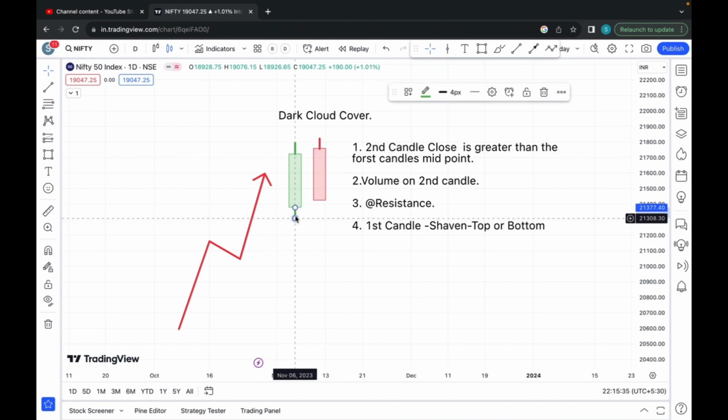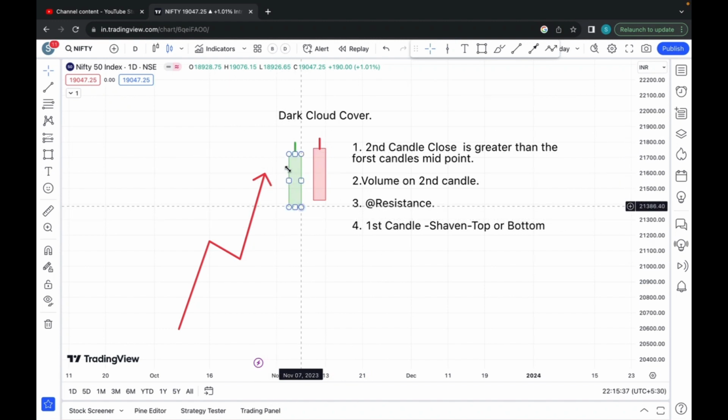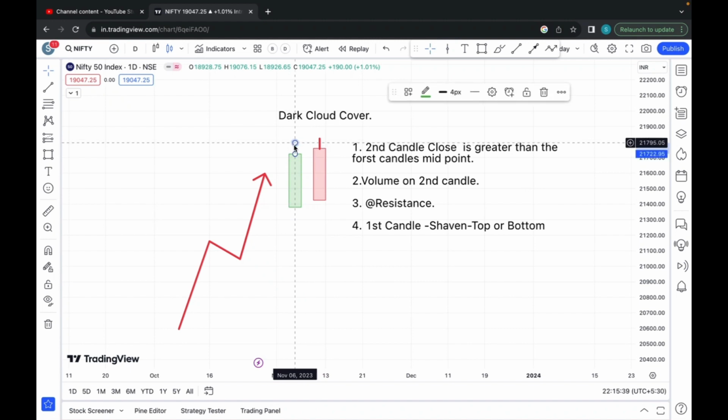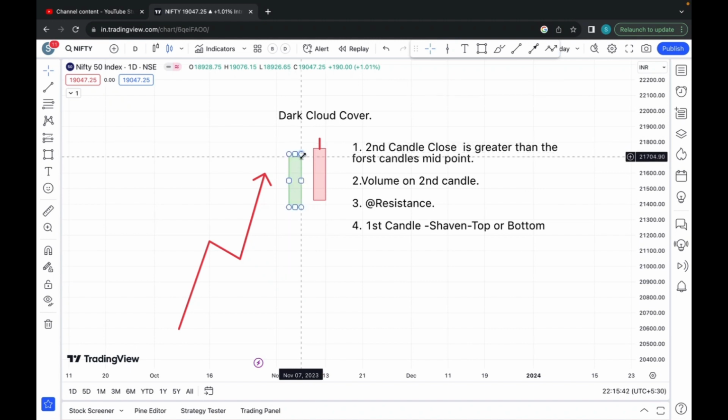But if you don't have any wick at the bottom, it is called a shaven bottom, and if you don't have any wick on the top, it is called a shaven top or shaven head. So whenever you see your first candle without any wicks on top or bottom, that means this candle is very bullish, but the next candle couldn't sustain that bull power. So even this increases the value of this setup.